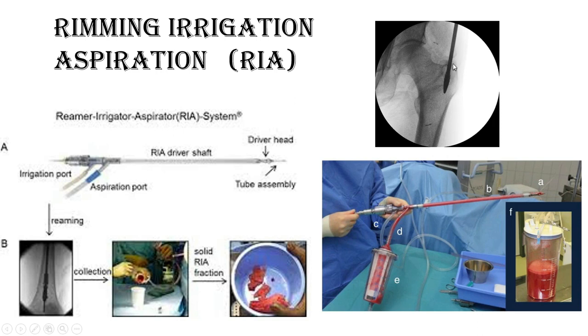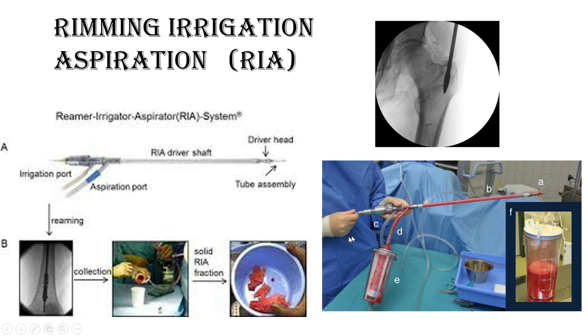If we just make one small hole over this, there will be no harm, and the patient can bear weight immediately after the operation, but we can get the bone graft. So this is called reaming, irrigation, aspiration. One of the most common side effects is hypotension, because during this huge flow of normal saline you are taking out all the reaming material, so the patient can go into hypotension. So anesthesia will take care of that part.